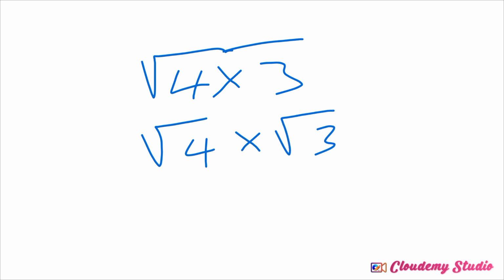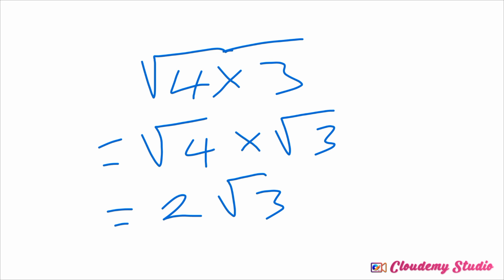And we can see that 4 is a perfect square, so we can say 2 root of 3. You see how easy we can simplify a surd. Can you see?